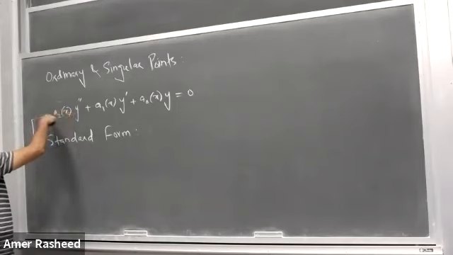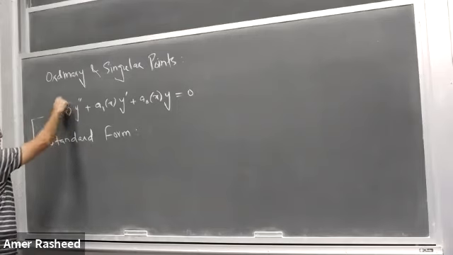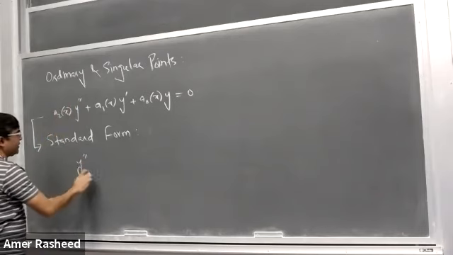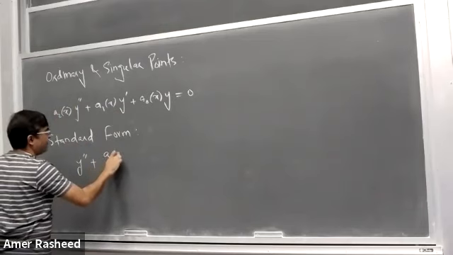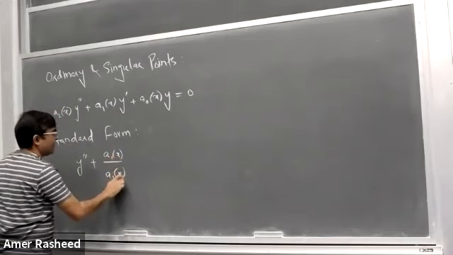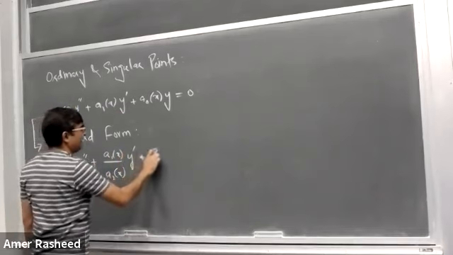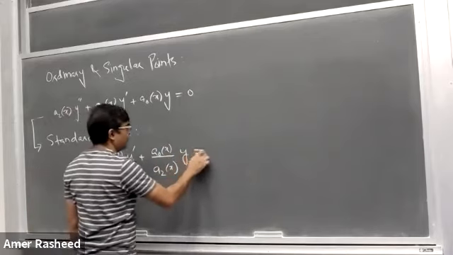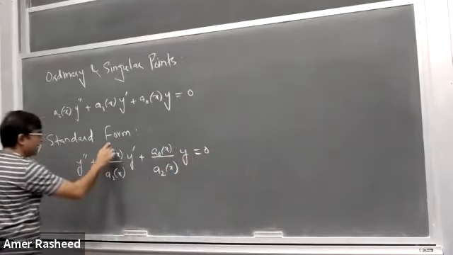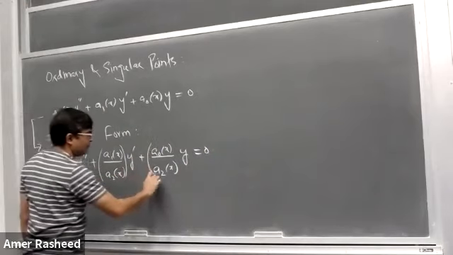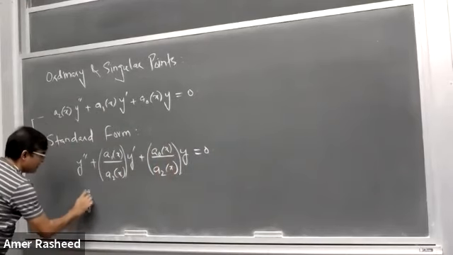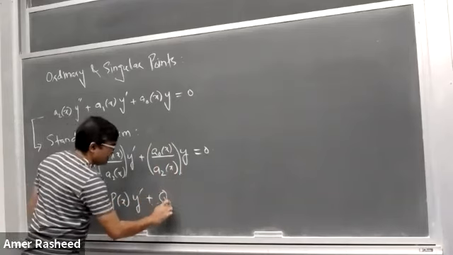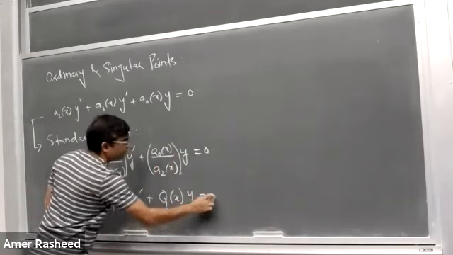What we do, we divide by this coefficient on both sides of this differential equation, which becomes y double dash plus a1 of x divided by a2 of x y dash plus a naught of x divided by a2 of x y equal to 0. Now, assuming that this function is p of x, we get y double dash plus p of x y dash plus q of x y equal to 0.